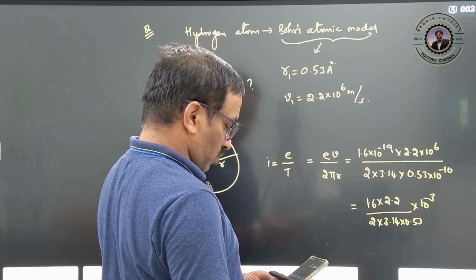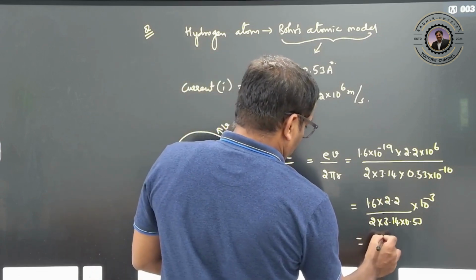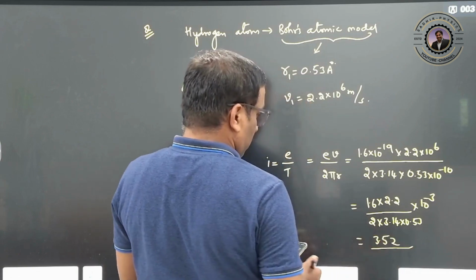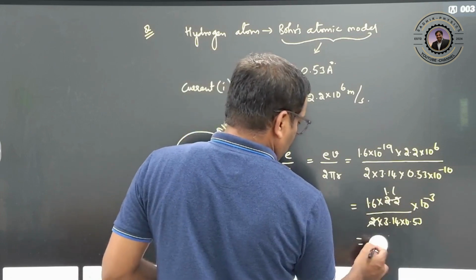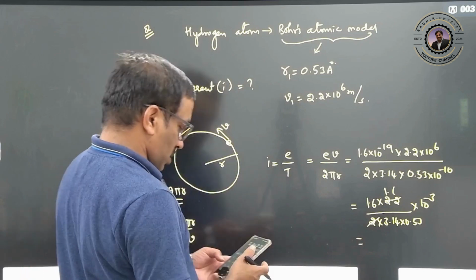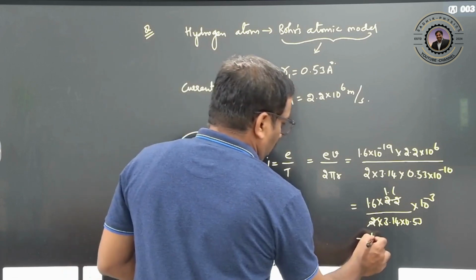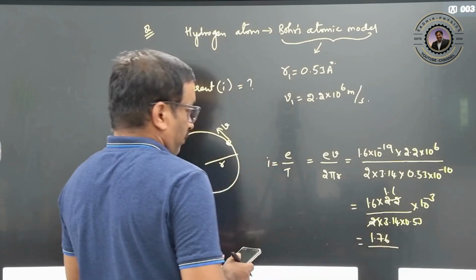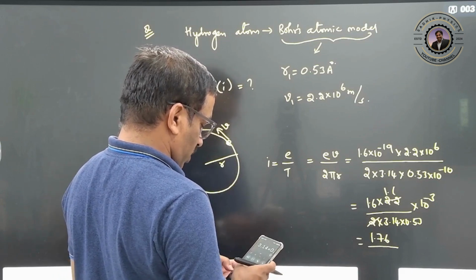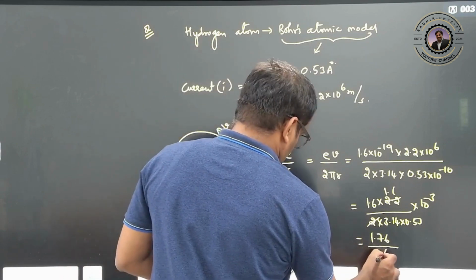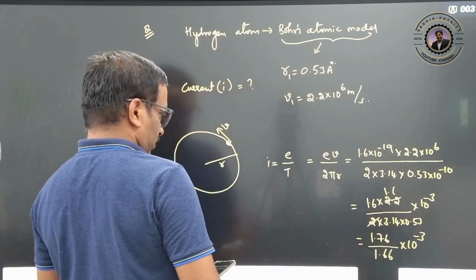1.6 into 2.2, so you can write 3.52. Actually you can divide it now, this is 1.1. So here 1.6 into 1.1, 1.76, divided by 3.14 into 0.53, which is 1.66 into 10 to the power of minus 3, nearly 1 milliampere.